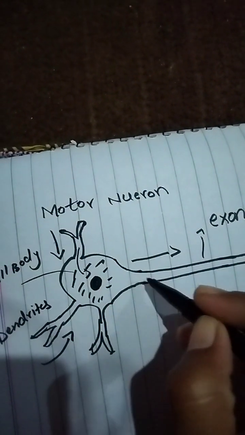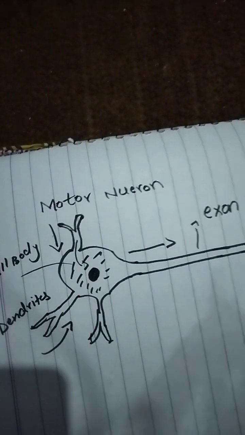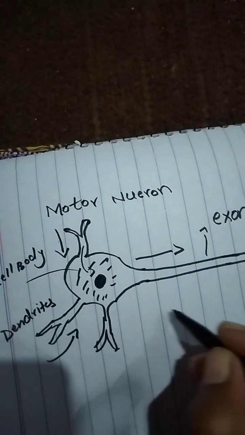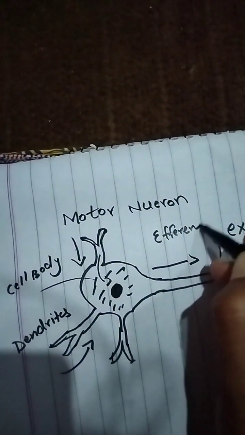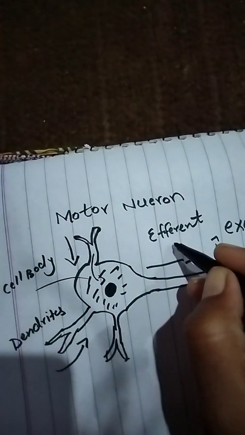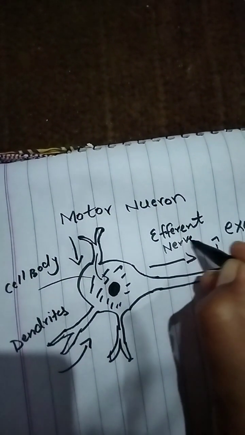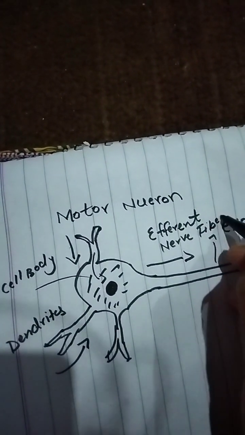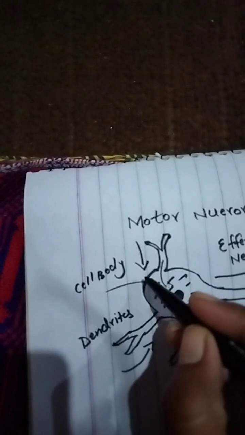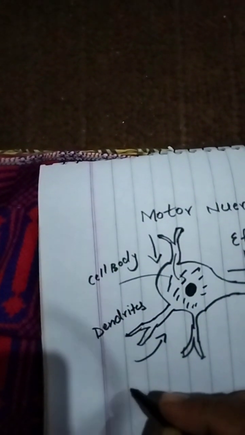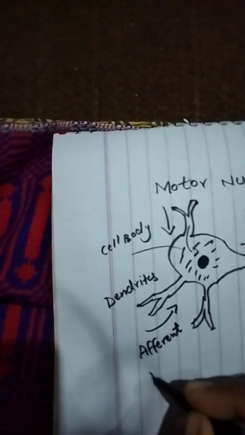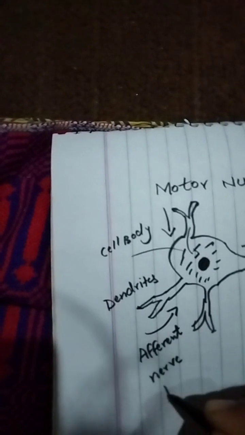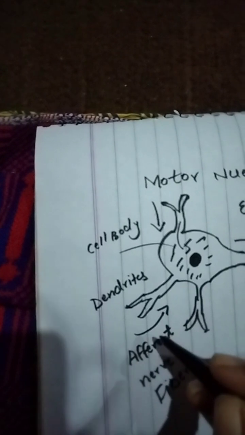The axon carries nerve impulses away from the cell body, and this is called the efferent nerve fiber. And this is called the afferent nerve fiber. What is a nerve impulse?